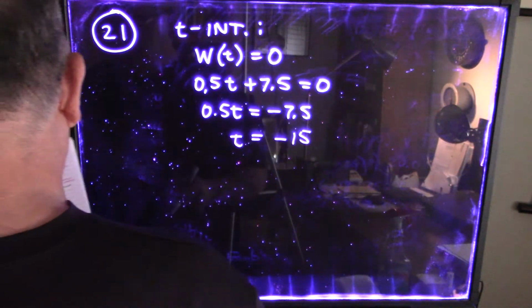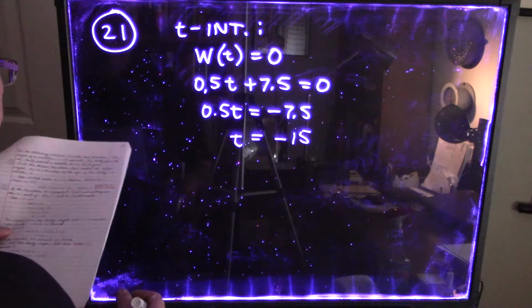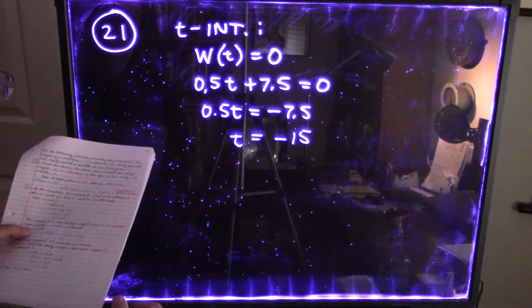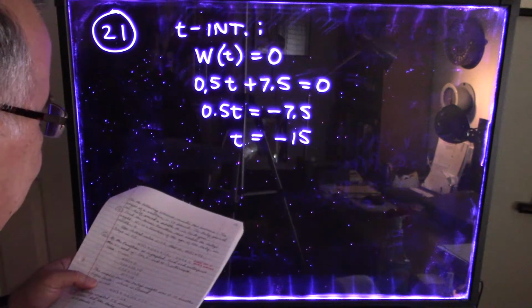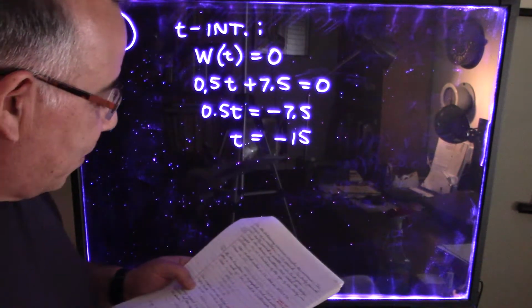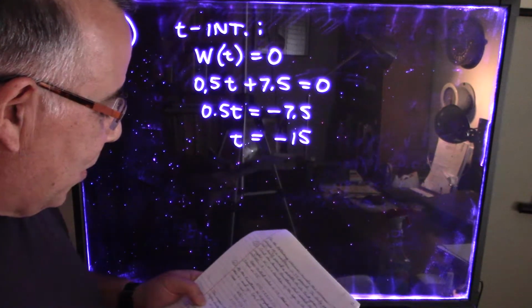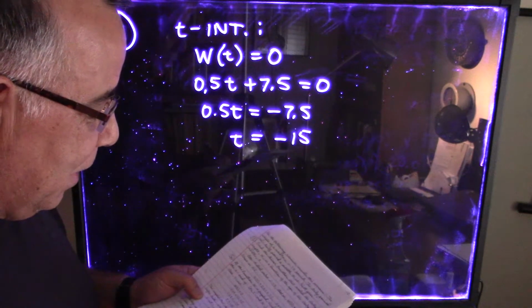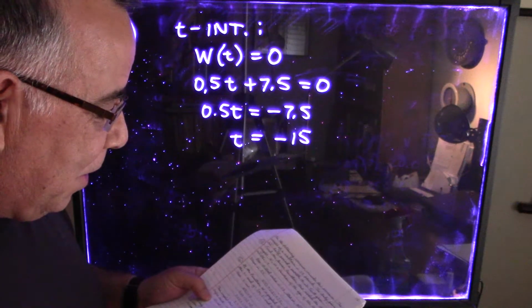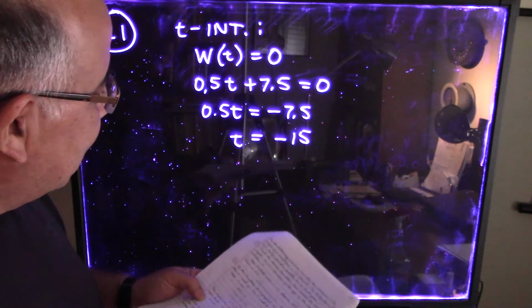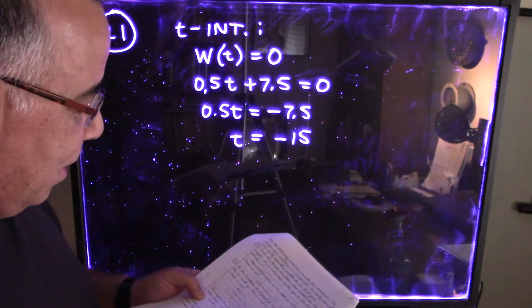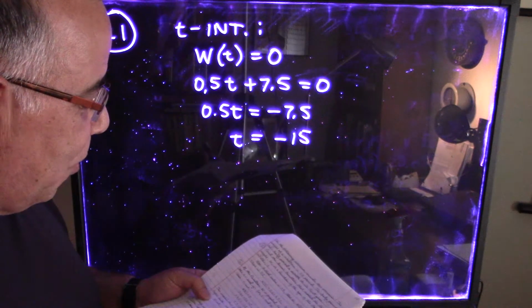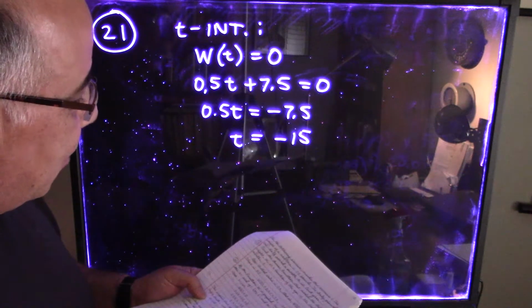So this implies that the baby's weight was 0, 15 months before birth, which is really absurd. It takes 9 months to initiate and grow a baby, so 15 months before it was born, it wasn't even conceived yet.